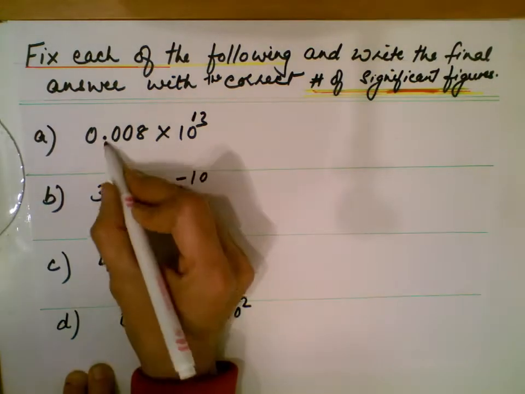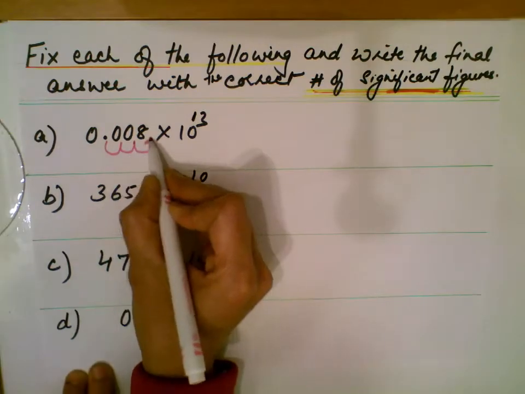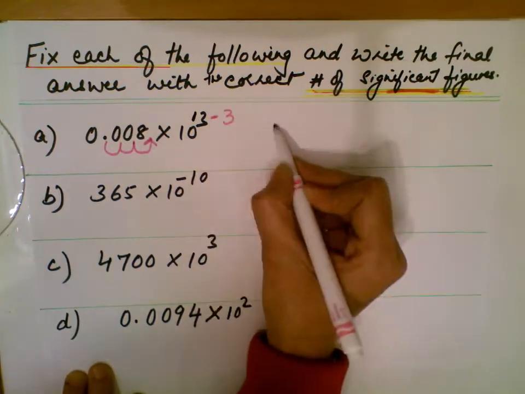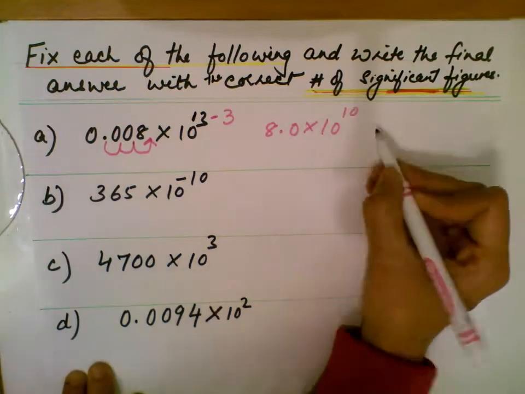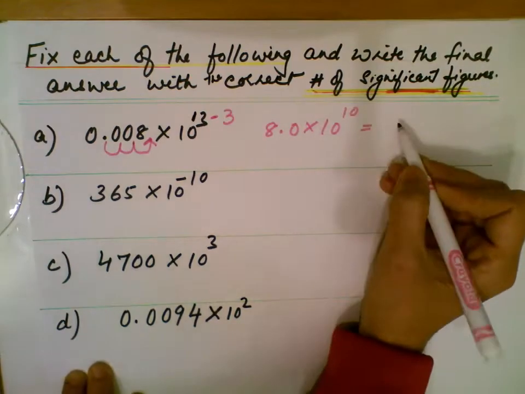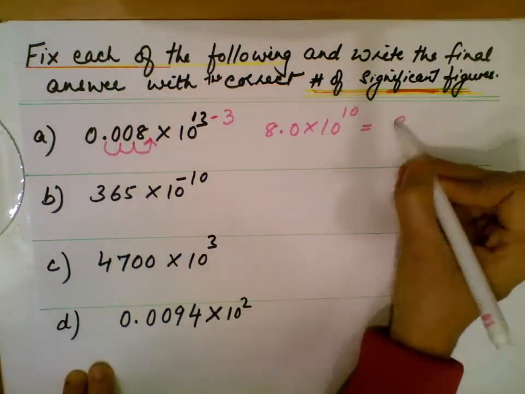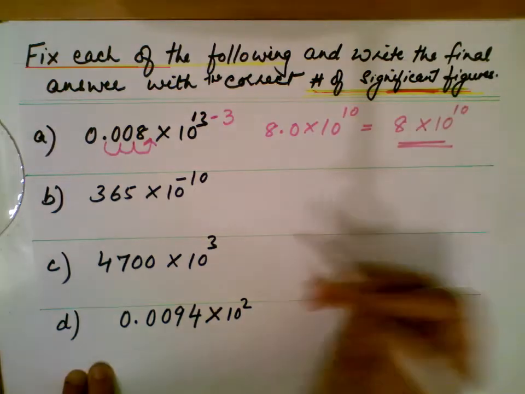So you're moving your decimal 1, 2, and then 3 places. Since you move 3 places to the right, you're going to subtract 3, and you're going to get 8 times 10 to power 10. Since it is one significant figure, your final answer should have only one significant figure. So this is the final answer.